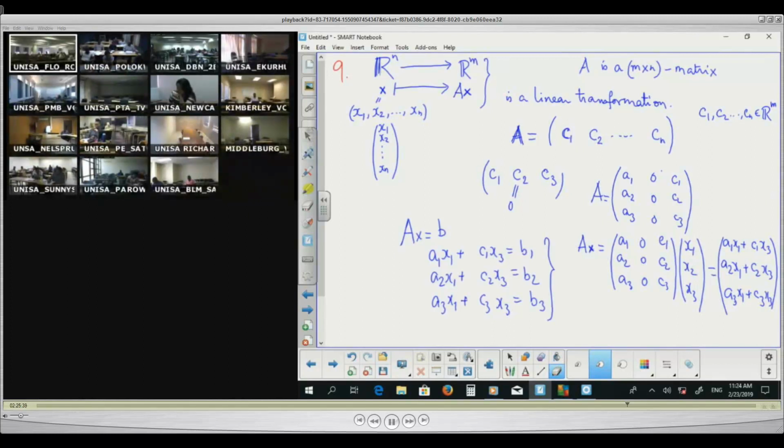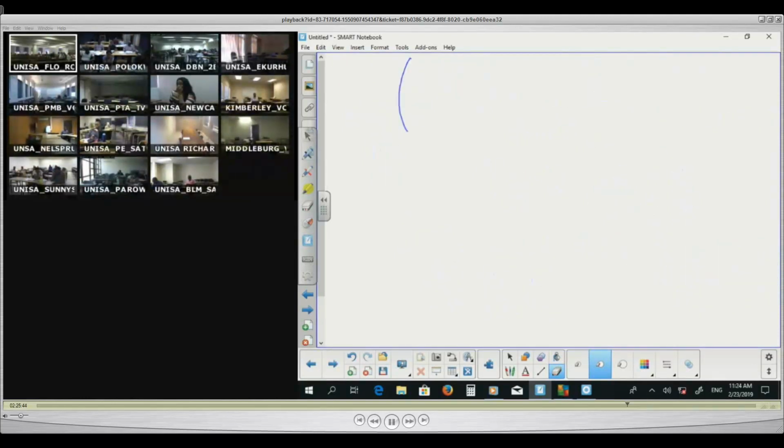So the matrix looks like this, possibly something here. Right?